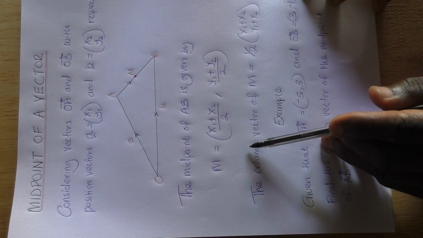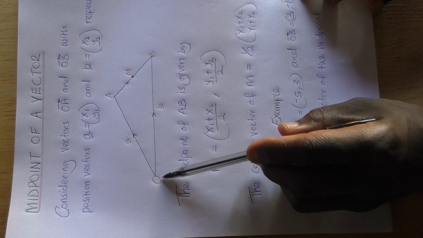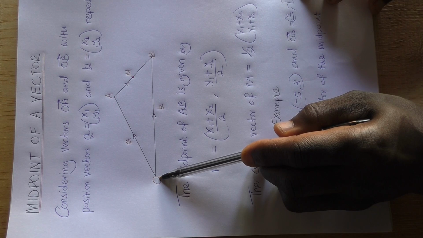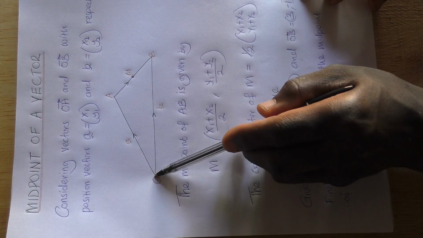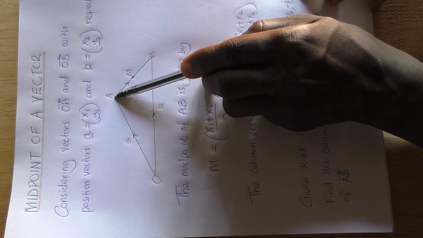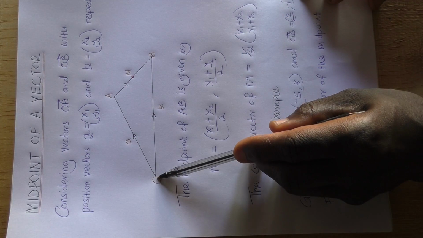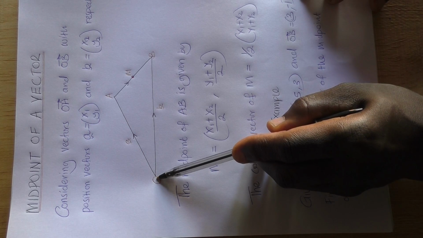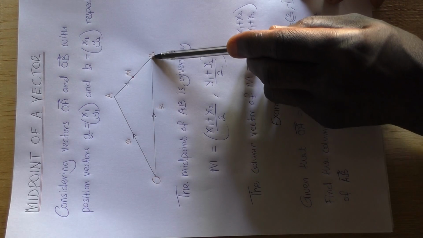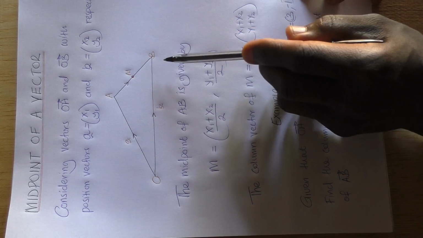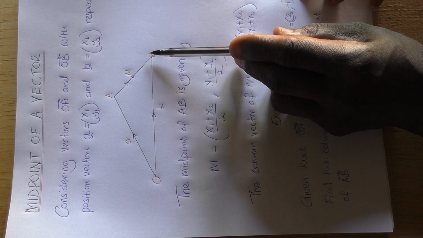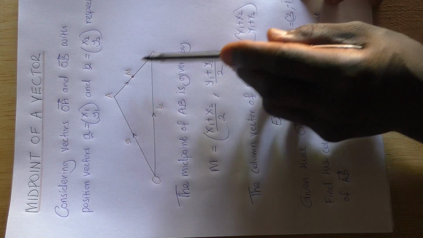If we illustrate this, this is the origin O. OA runs from the origin to a point A, and OB runs from the origin O to point B. So, we want to get the midpoint of vector AB.